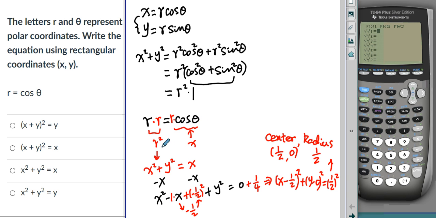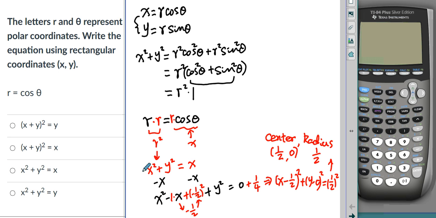We know r squared is x squared plus y squared, and we know r cosine theta is x. Then basically the equation comes out to be x squared plus y squared equals x. Which one is our choice? That would be this one.